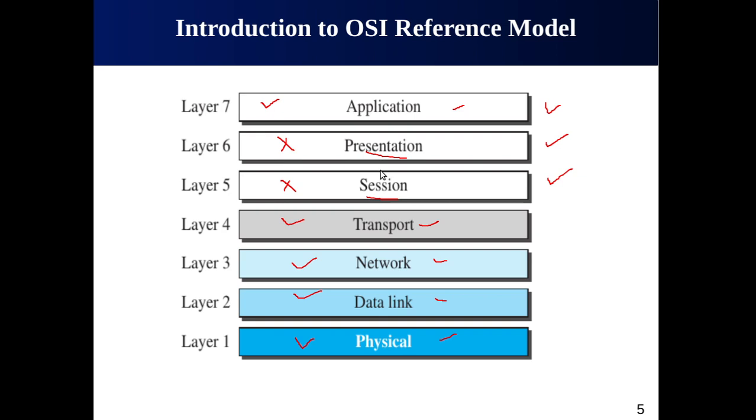The role of the presentation layer in the OSI model is to provide services that allow communicating applications to interpret the meaning of data exchanged. These services include data compression, data encryption, and data decryption.